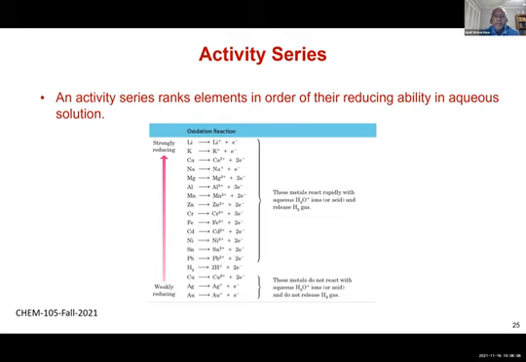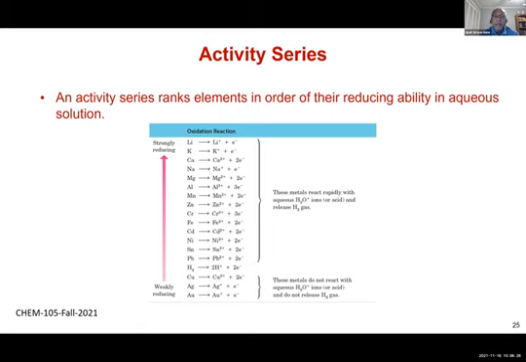In the reaction between a strong acid and a metal, the metal is oxidized and hydrogen ions are reduced.